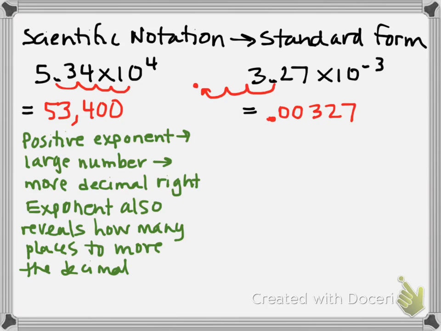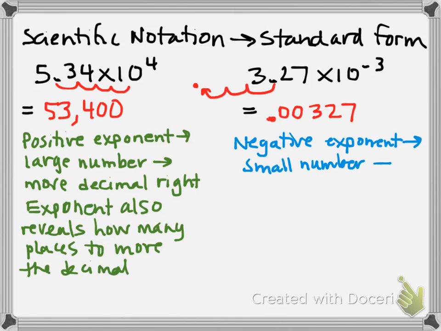So basically, what I notice is that the negative exponent tells me I have a small number. And to make a number smaller than what I see, I'm going to have to move the smaller direction, which means I'm going to have to move the decimal left.